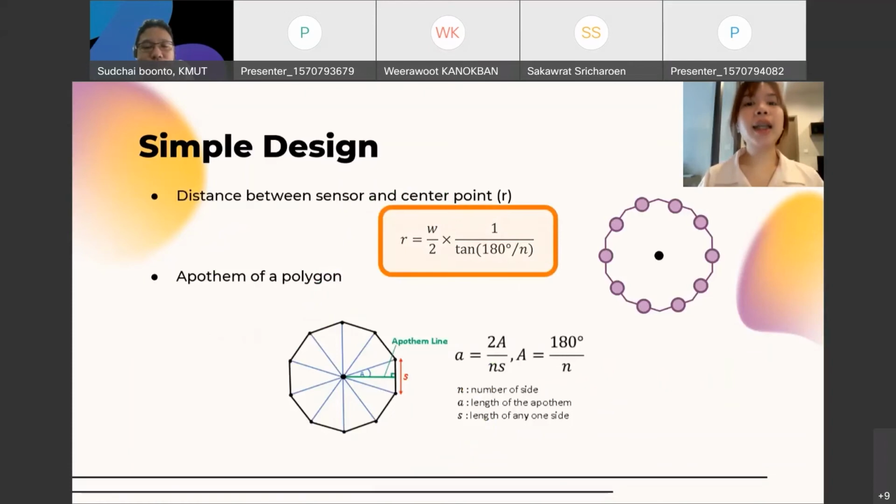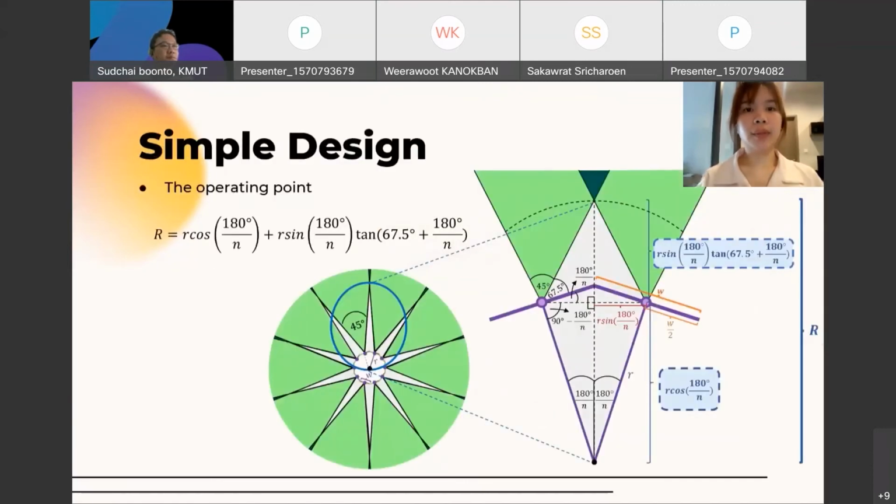This equation is used to calculate the distance between a sensor and the center point, which is R. W is the width of the sensor and N is the number of sensors. This equation is from the apothem formula of a polygon. For the geometry of the simple design, you can see that all green areas overlap at this point.